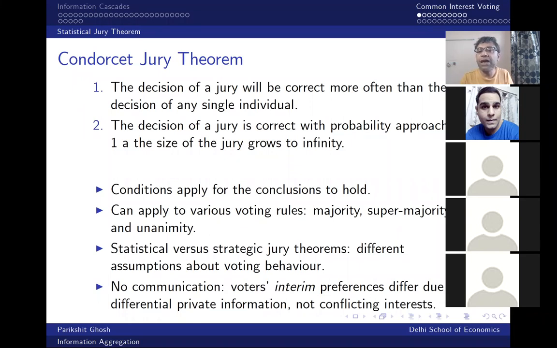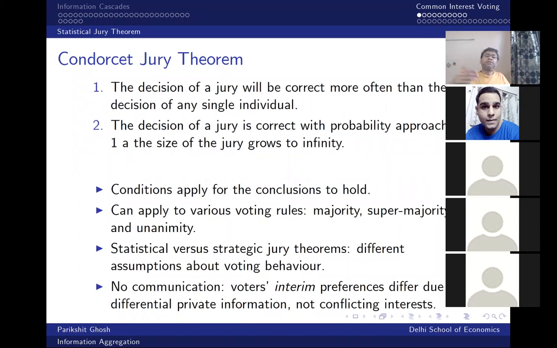And sometimes you even have unanimity requirements, where one of the two choices cannot be chosen unless everybody agrees. A jury trial is an example. In most systems, all 12 jury members have to vote for conviction to be the conclusive decision. If even one person votes against it, then you have a mistrial. Then we cannot send the guy to prison.